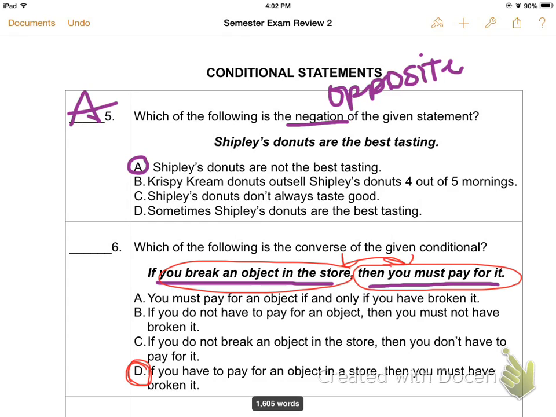The wording might be a little bit different, but the meaning is still the same. So watch out for those a little bit. It has to say something about paying for an object at the beginning and then breaking it at the end.